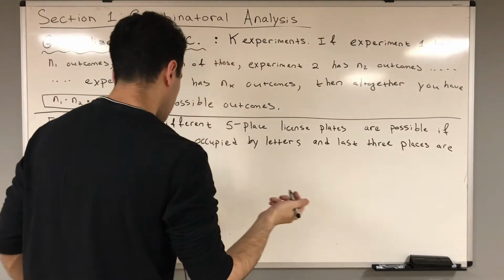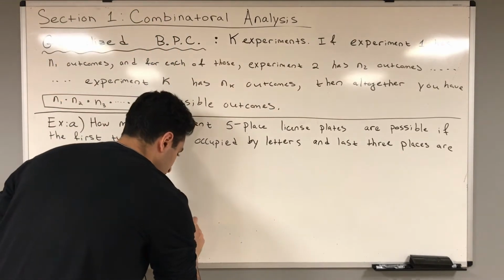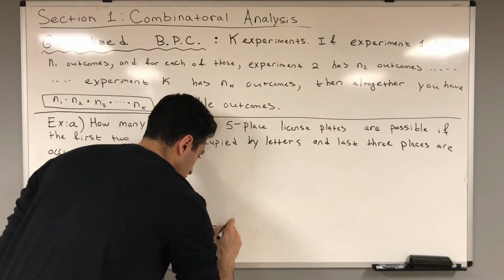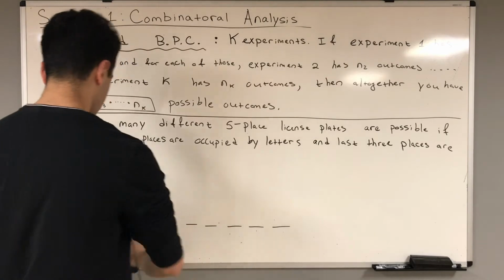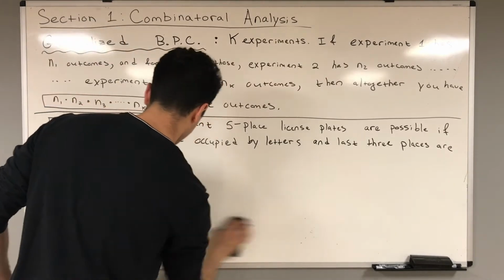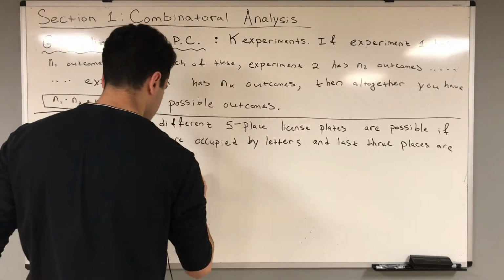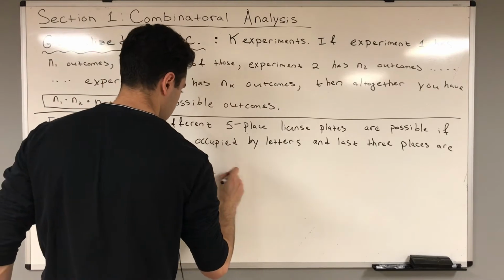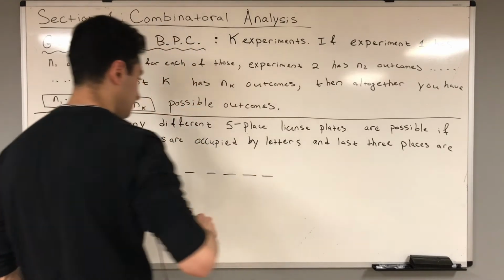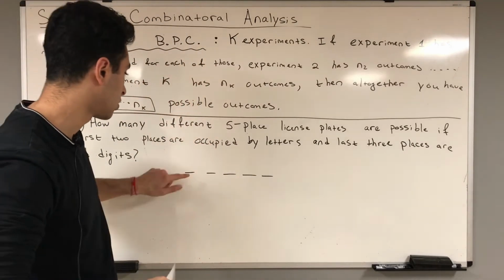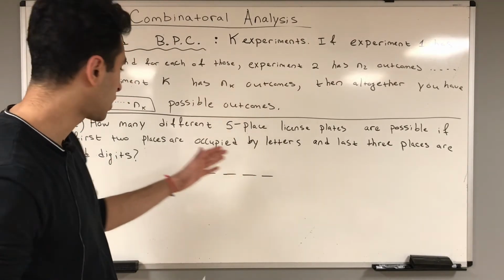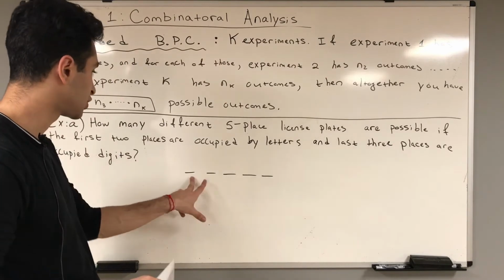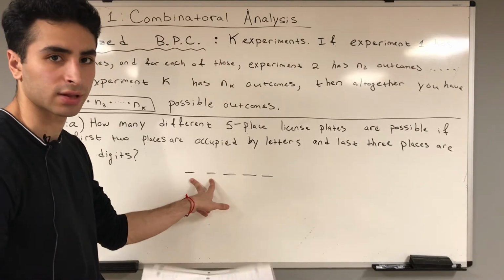So how do we deal with that? Well, think of the license plate: 1, 2, 3, 4, 5. It has 5 places. And the question says that the first two places are occupied by letters.